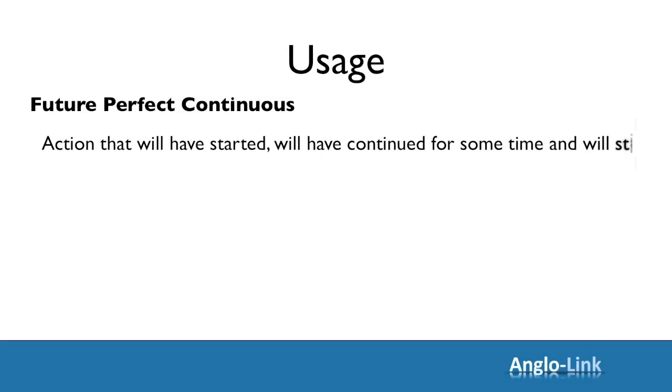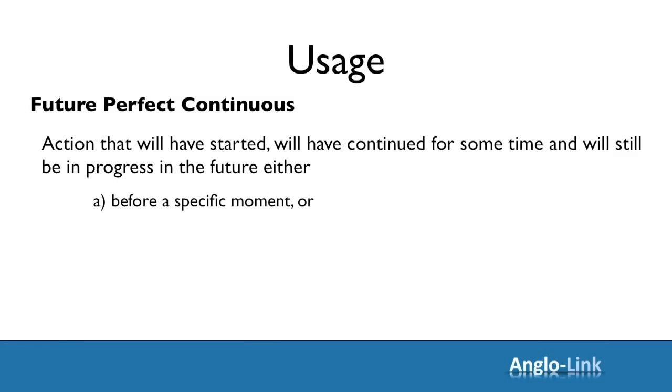Right, moving on now to the future perfect continuous tense. This tense indicates an action that will have started, will have continued for some time, and will still be in progress in the future, either before a specific moment or before another action takes place.